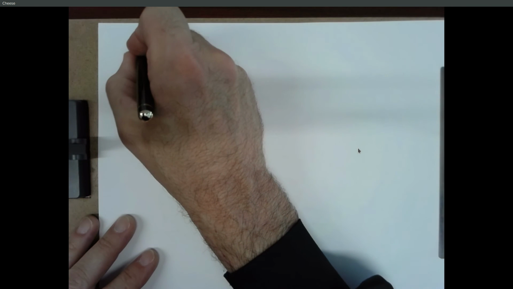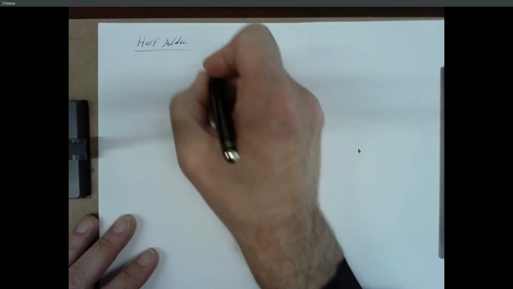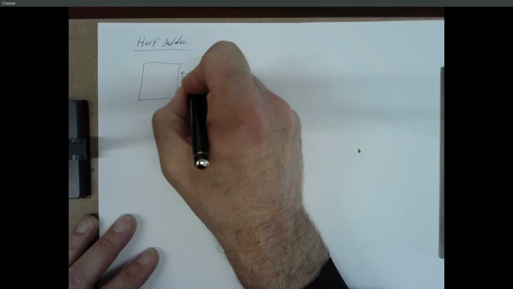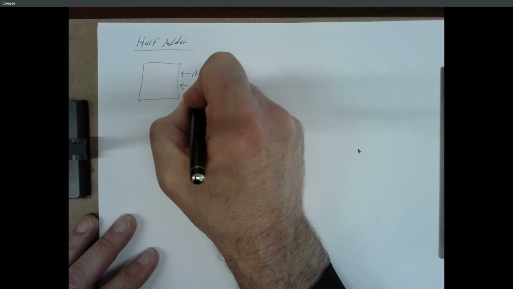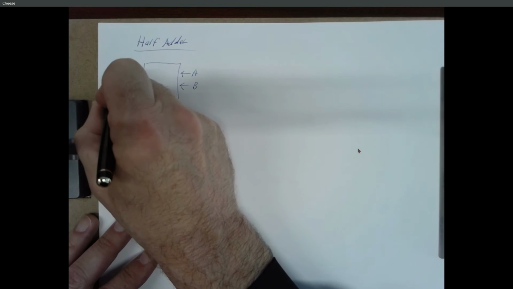All right, let's look at a half adder, since we're going down this track anyway. So 2 inputs, A and B, 2 outputs, sum and carry out.